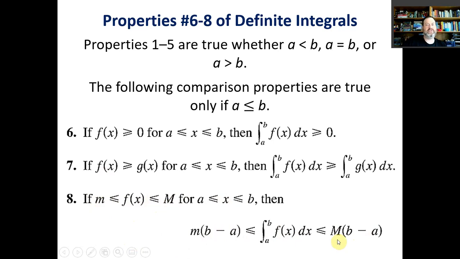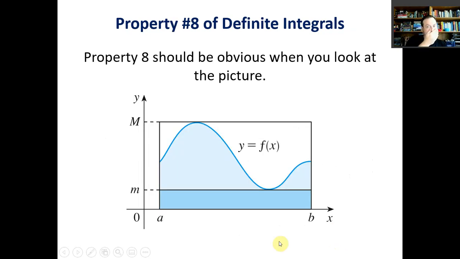What is this? I'm going to show you a picture of this, and I think it's going to make this easier. What property 8 is saying is that if you build a rectangle out of the maximum value of f of x on an interval, and then you build another rectangle using the minimum, the area, so the definite integral of the function, has to be smaller than the big rectangle and bigger than the small rectangle.